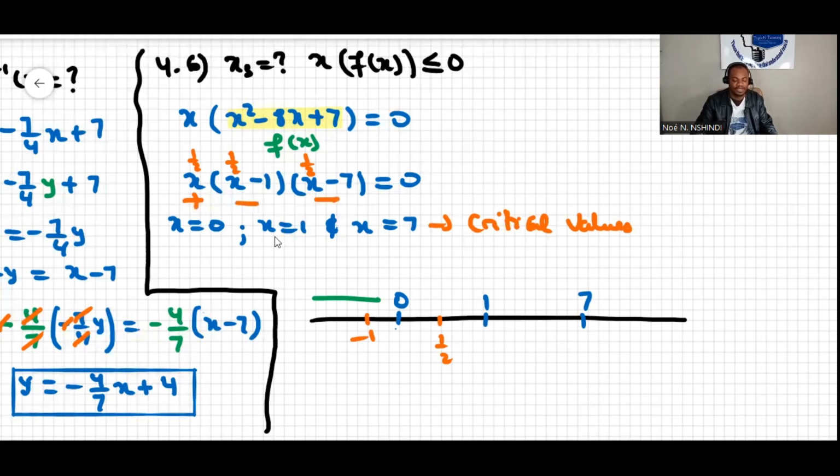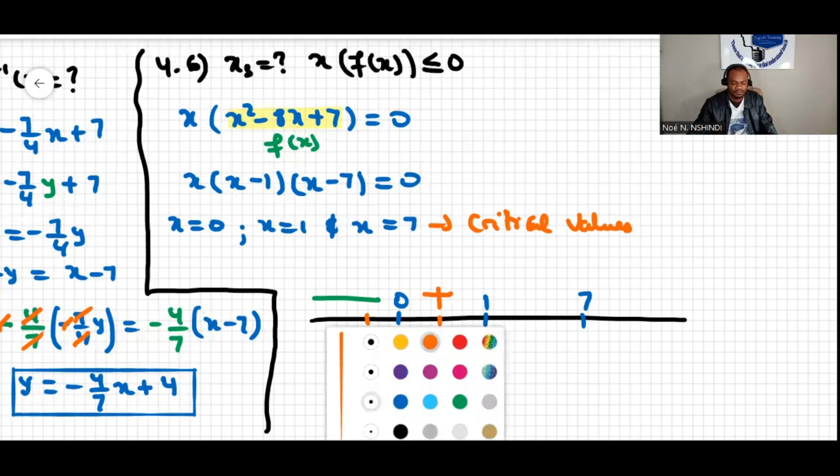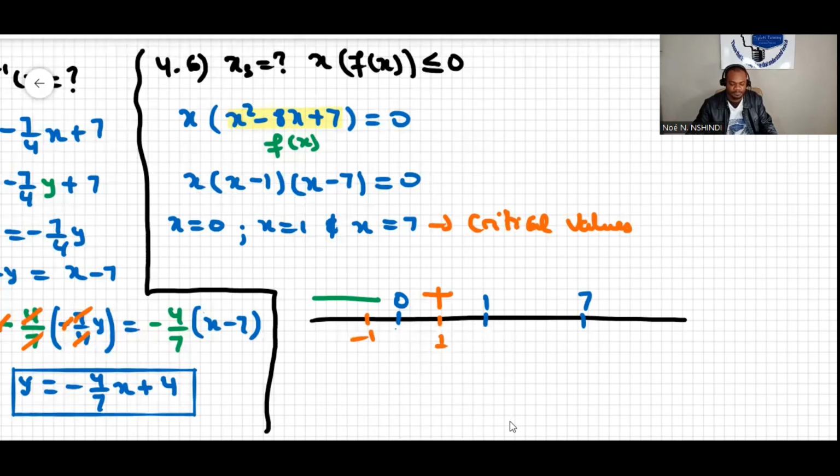So we have positive times negative times negative, which makes positive. This simply means in this interval, the solution is positive.